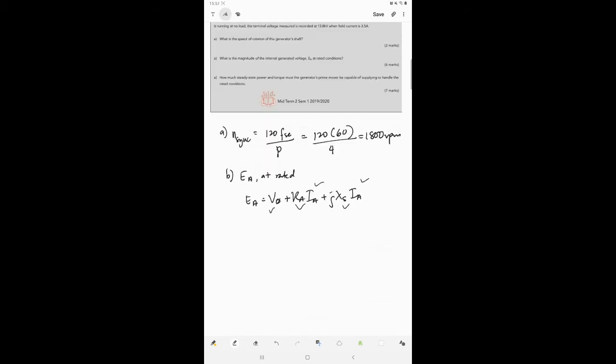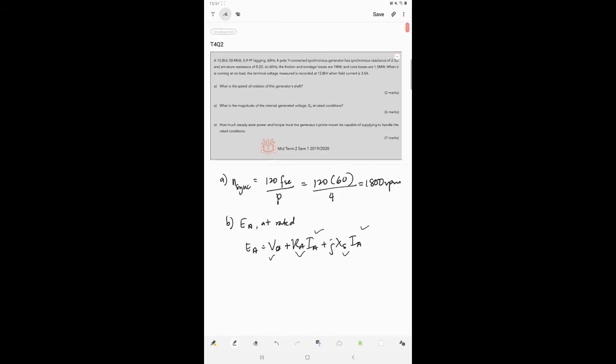For a Y-connected generator, IA is equal to IL. We can find IL from the output power equation, P out over square root 3 VL cosine theta.